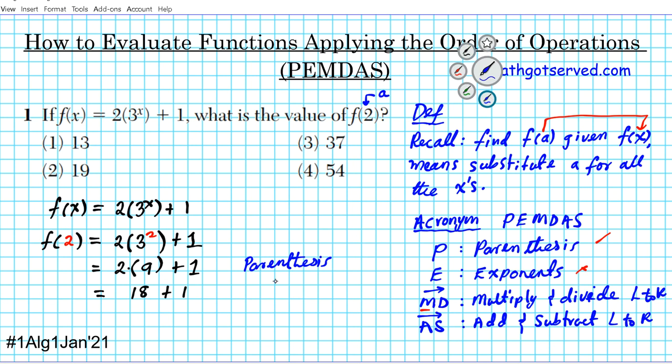Okay, so that was the multiplication operation. And then lastly, we're just going to add. 18 plus 1 is 19. Ladies and gentlemen, that is our final answer for question number 1. Option 2 is the answer to this question.